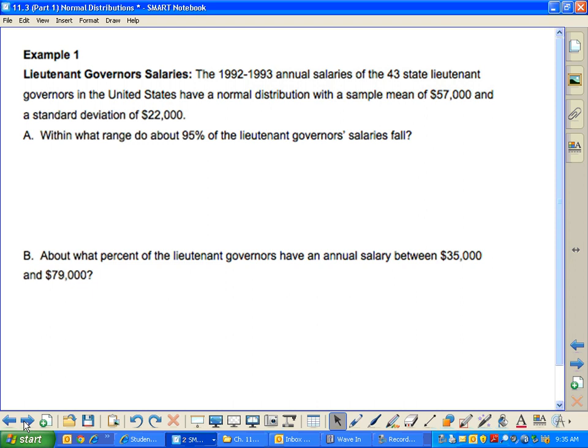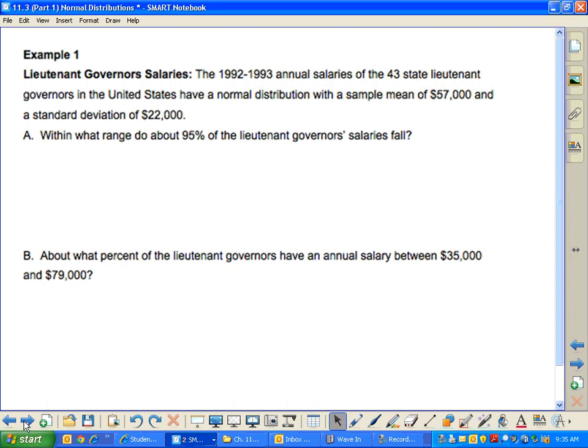So in example 1, we have the salaries of some lieutenant governors from way back. From 1992 to 1993, the annual salaries of 43 state lieutenant governors in the United States have a normal distribution. In other words, those salaries fit a bell curve, already predetermined.